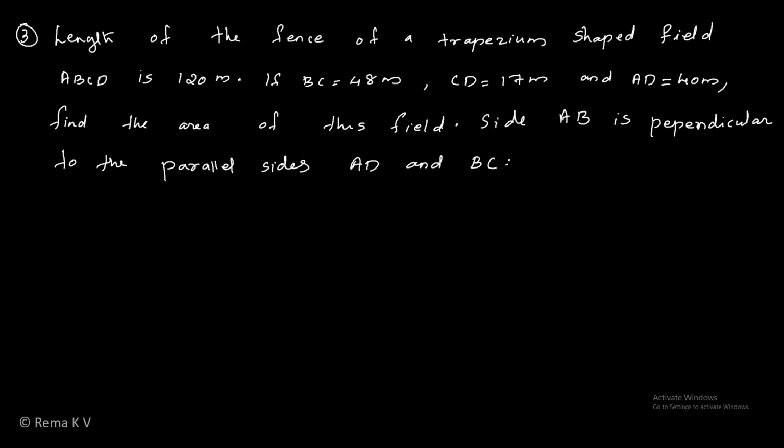The side AB is perpendicular to the parallel sides AD and BC. See, with this given description, you have to draw a figure. Read the question well and then draw a figure corresponding to this.